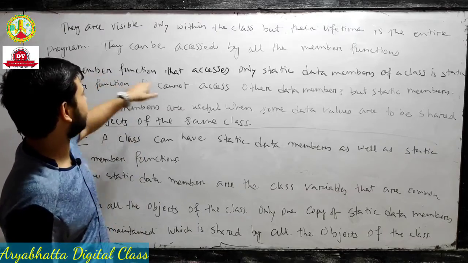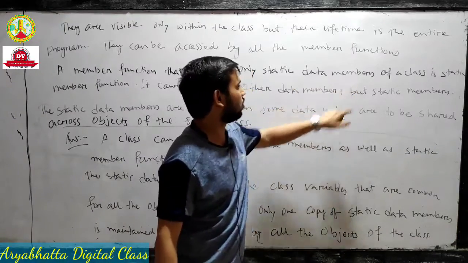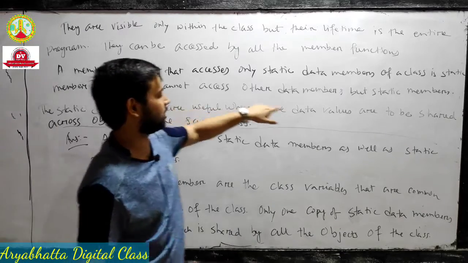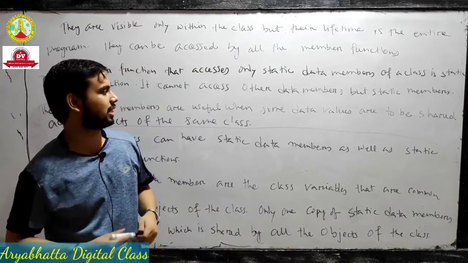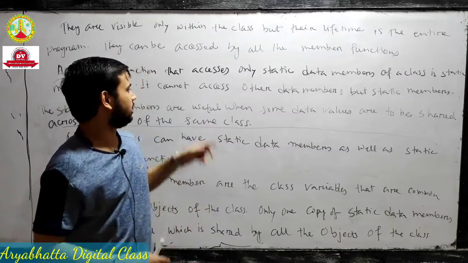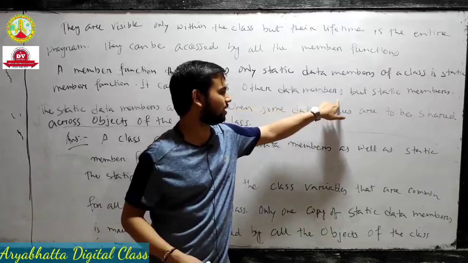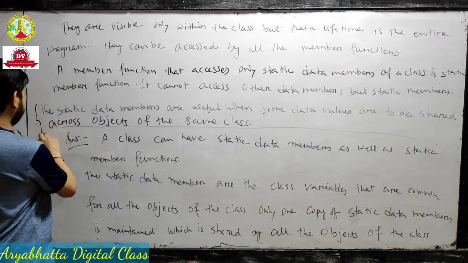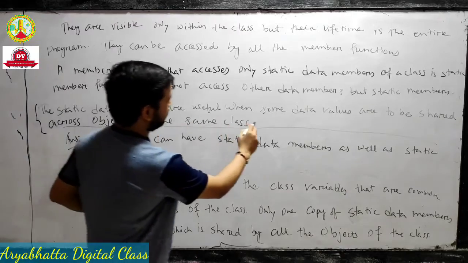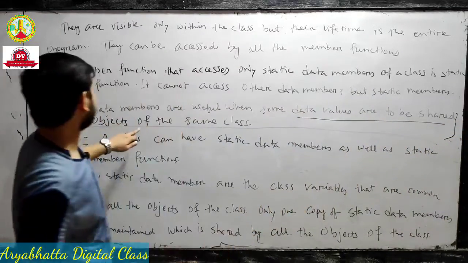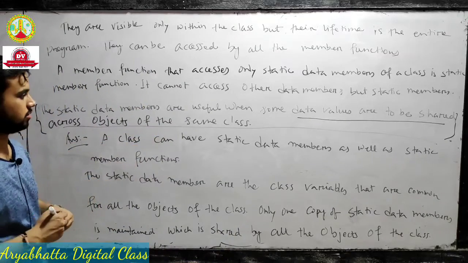A member function which accesses only static data members of a class is called a static member function. It cannot access other data members, only static members, and this will be the main characteristic. The static data members are useful when some data values are to be shared across objects of the same class.